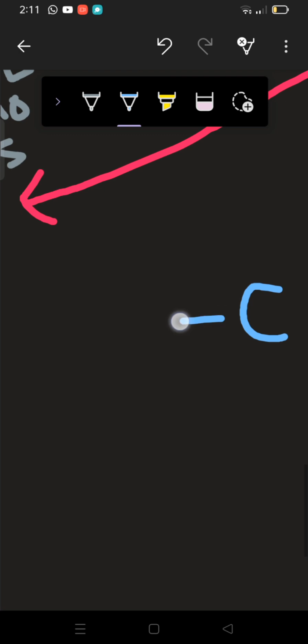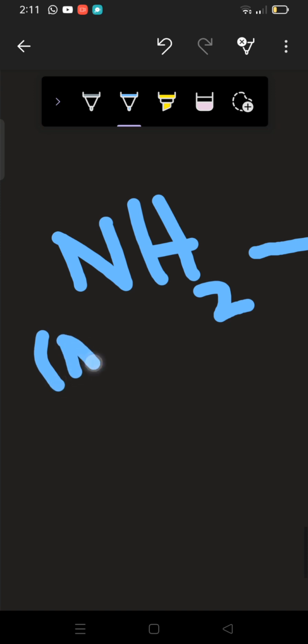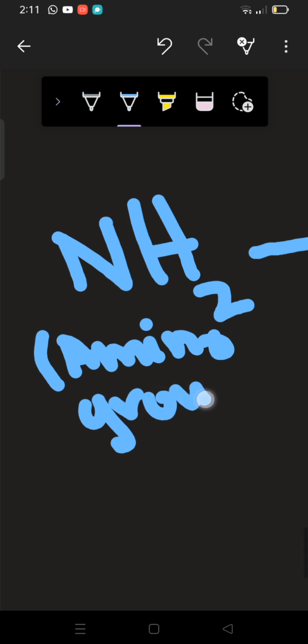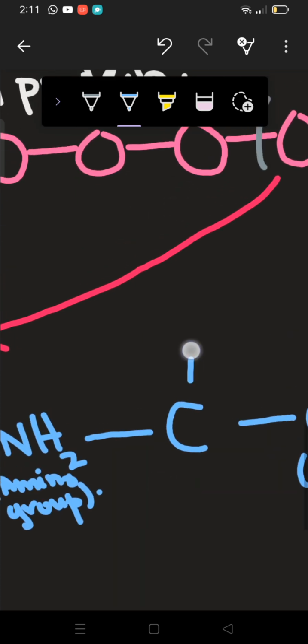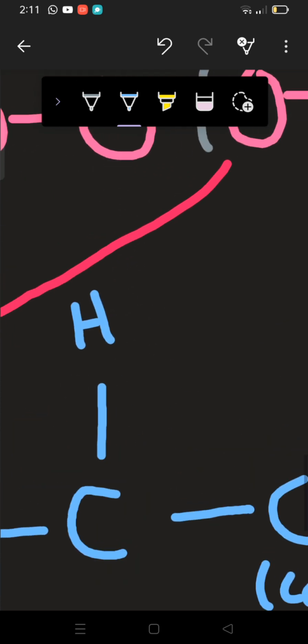On the right-hand side we have the amino group, this is NH2, nitrogen and hydrogen. Then on the upper side we have one hydrogen.